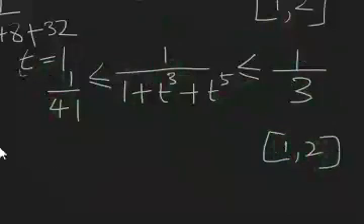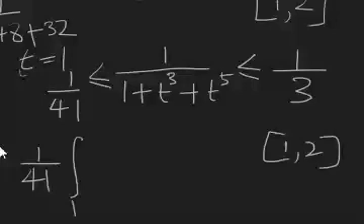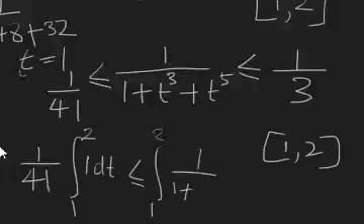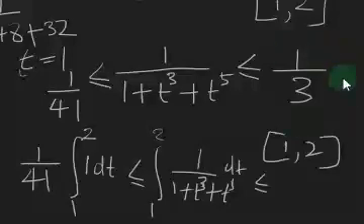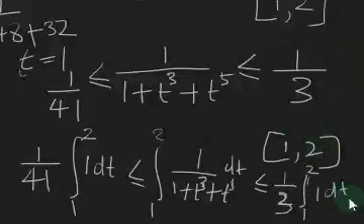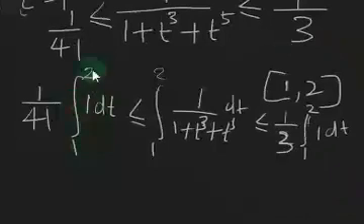When we integrate 1 over 41, which is a constant, you can pull that constant out of the integral. So the integral over 1 to 2 of 1 over 41 dt is less than or equal to the integral of 1 over 1 plus t cubed plus t to the power 5 dt, which is less than or equal to 1/3 times the integral over 1 to 2 of dt. When you integrate 1 over this interval, you get 1.